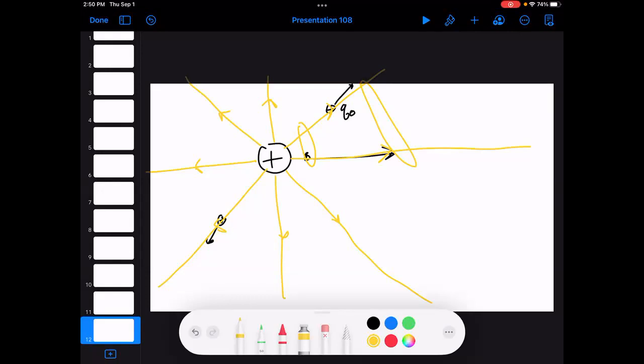And that's one of the reasons why your lines always need to either start or end on a charge or go off to infinity. So I can't say, wow, this space over here looks kind of empty, let me add in an extra line right there, because that would change the density of lines in that area. Sound okay? The other thing is that if you have two charges and you want to map the field from this system of charge, you should never have lines that cross.